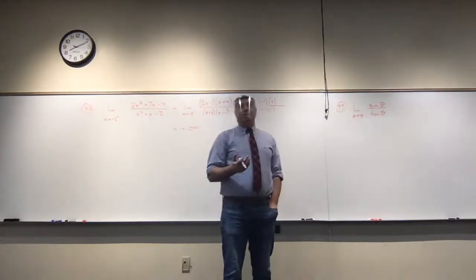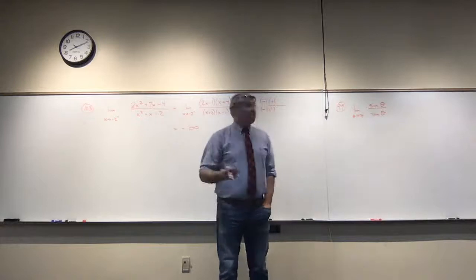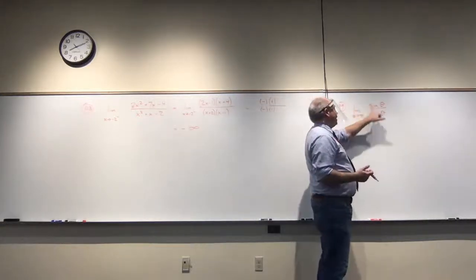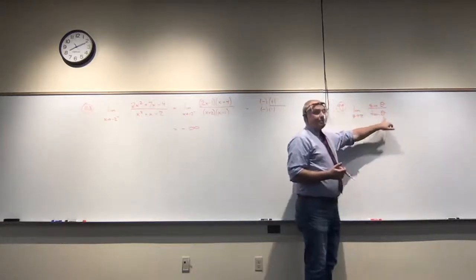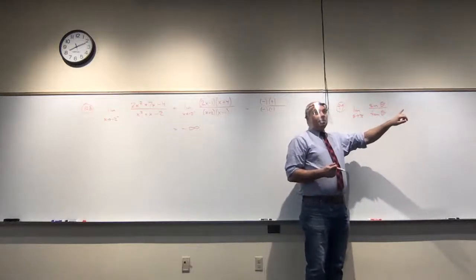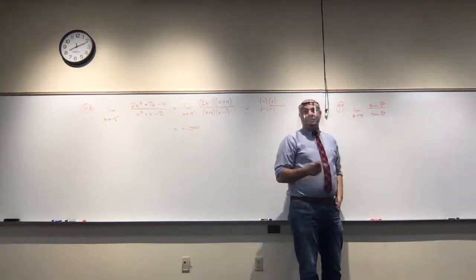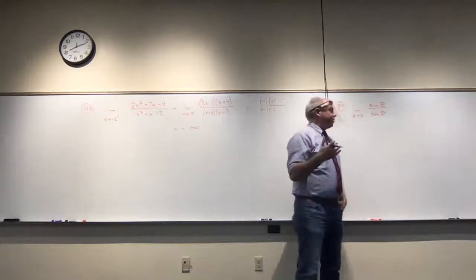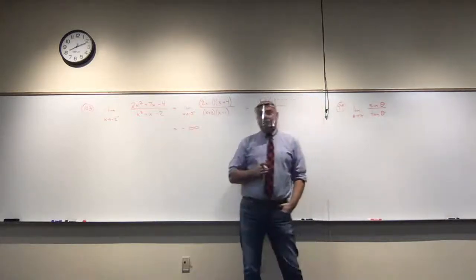Sine of pi is 0, right? So we get 0 on top, and tangent of pi is also 0. So we get 0 over 0. So we're in a situation where we need to do something a little bit different.